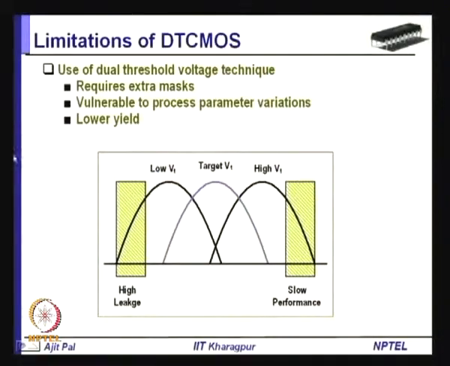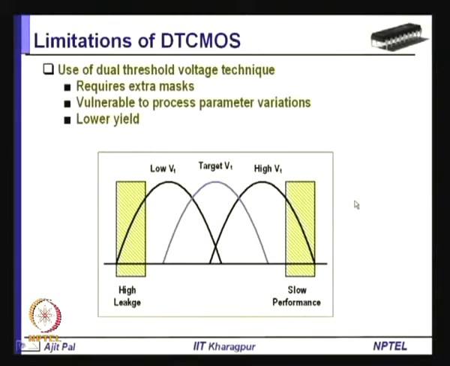Whenever you switch from single threshold implementation to dual threshold implementation, there is a possibility of smaller yield. So, we use the dual threshold technique to reduce leakage power, but as you do so, it is prone to larger process parameter variation, leading to lower yield.